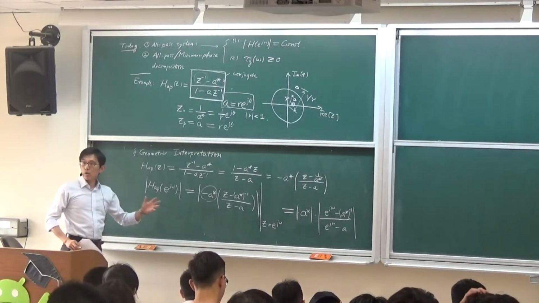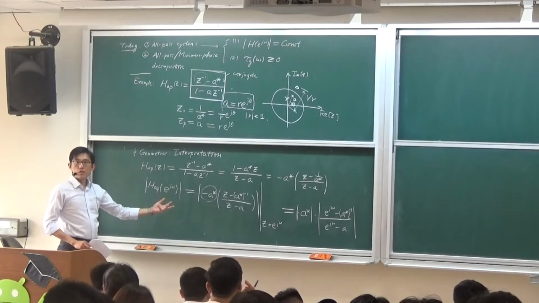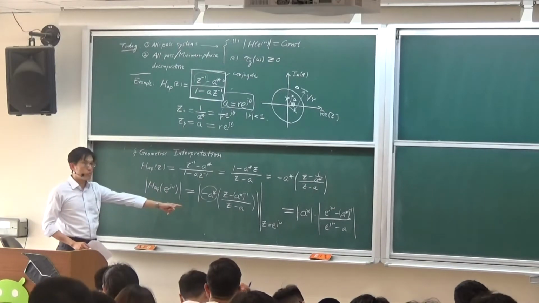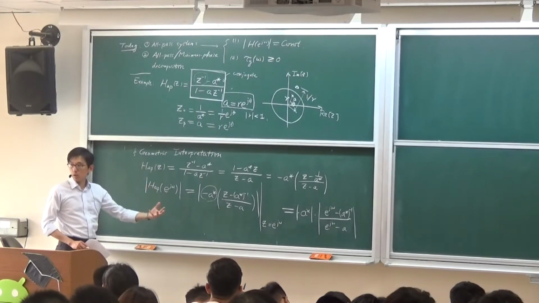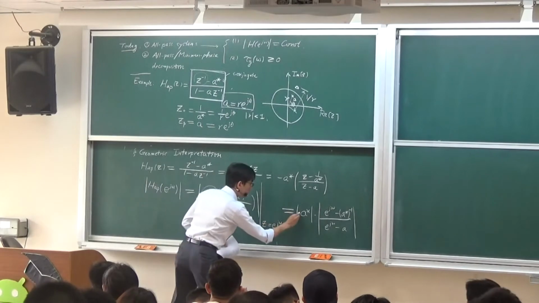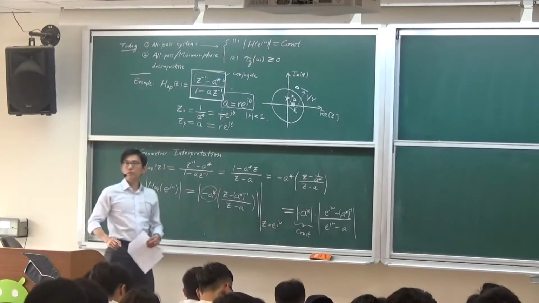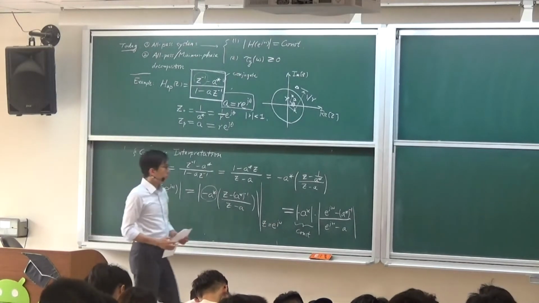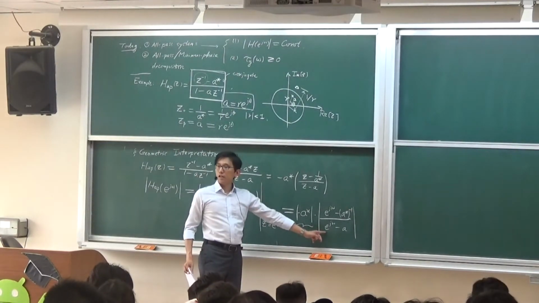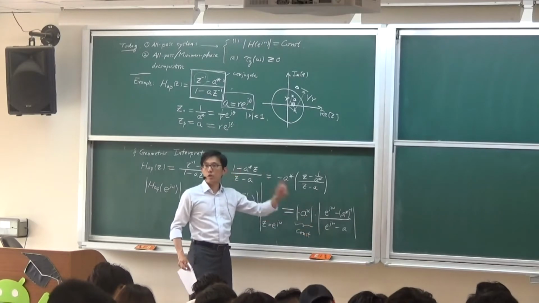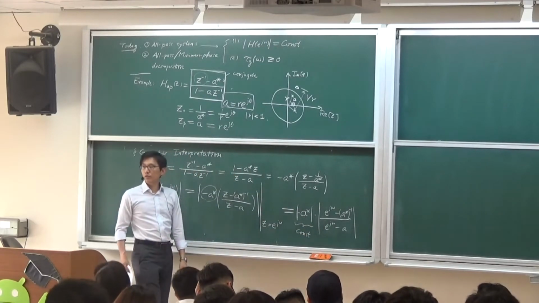Now remember that our goal is to show that the magnitude response is a constant. Certainly this part is a constant, for sure. So how about that other part? Is it a constant? That's the question. Do we have a geometric interpretation for this factor?